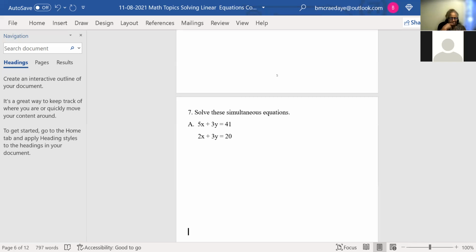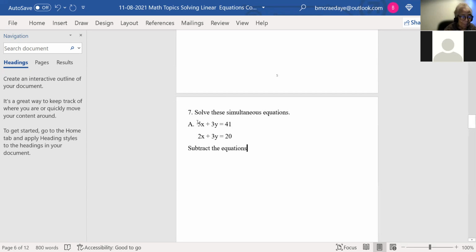You could multiply 3y by 3y. Why would you multiply? When you have a 3y in equation 1 and you have a 3y in equation 2, you can subtract them. Okay, subtract the equations.